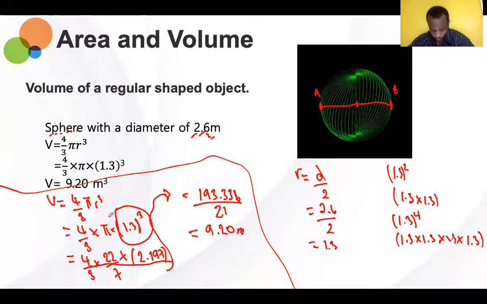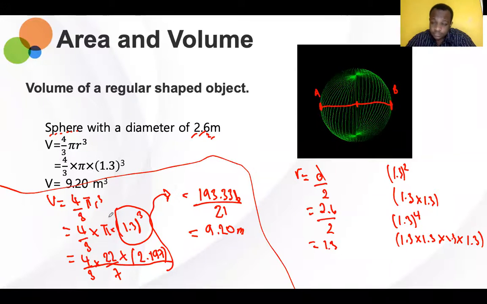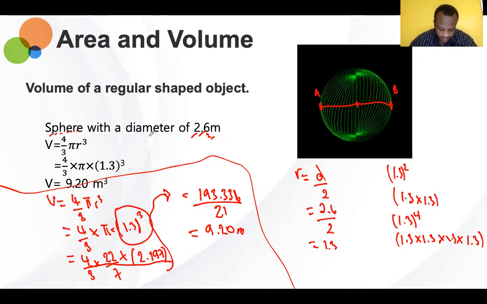Sir, question. I don't get the part where you put the 193.33. Right, so that is our value down here. So we times 4 times 22 times 2.197.